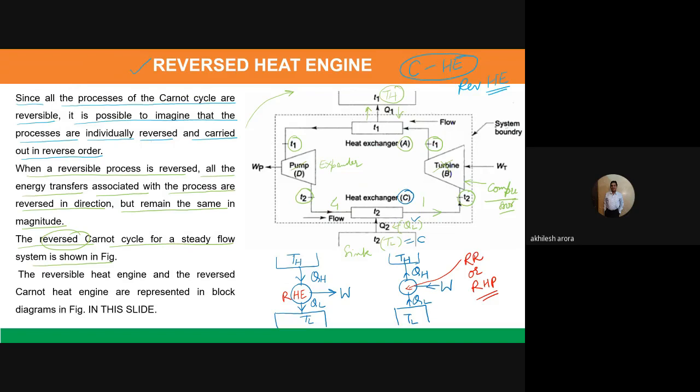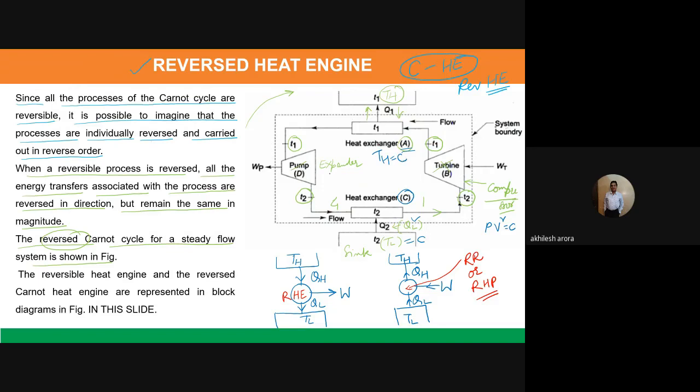And then the compression is taking place, and this compression takes place as T raised to the power gamma equal to constant, that is, in a reversible adiabatic manner. And then the heat is transferred from the heat exchanger A to the high temperature reservoir, and this heat transfer is taking place at temperature TH, which is considered constant.